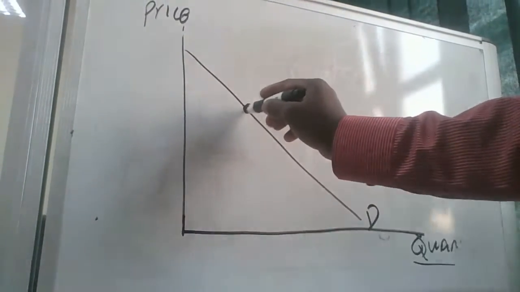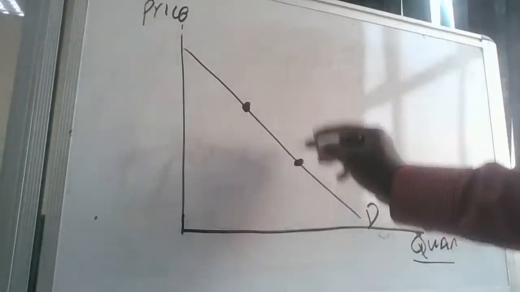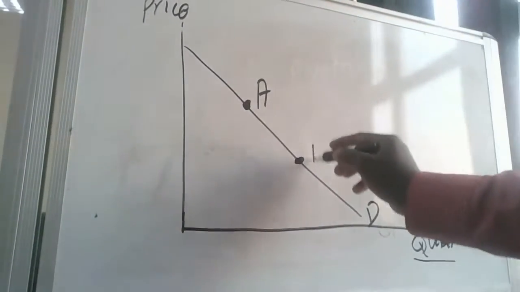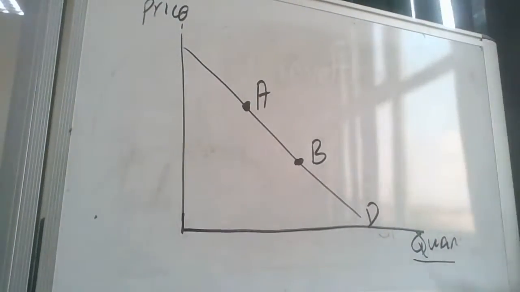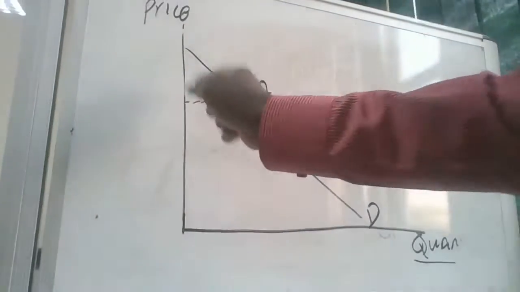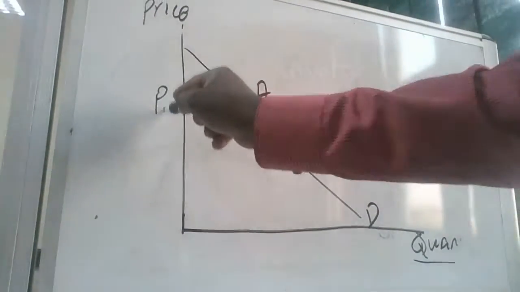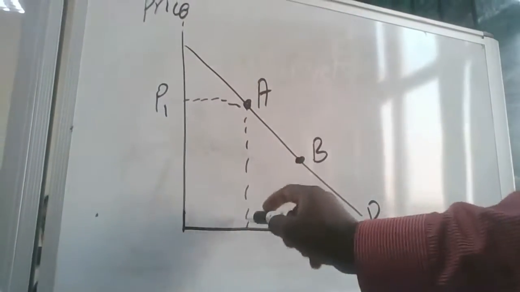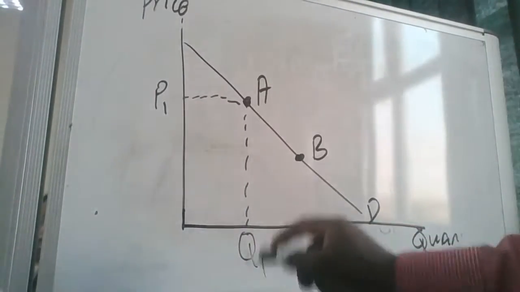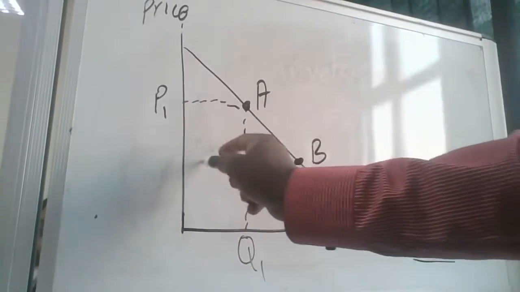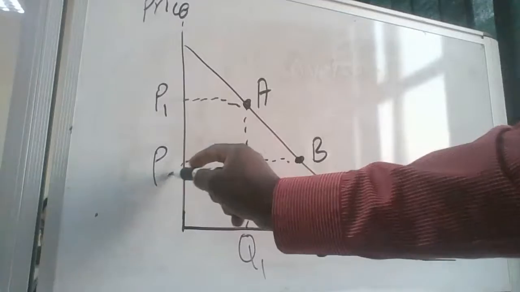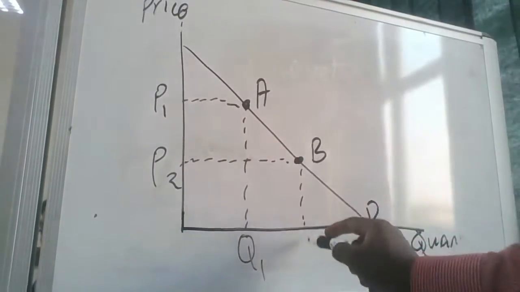I'm going to pick 2 points here, A and B. And associated with A, let's call this P1 and Q1. Associated with B is P2 and Q2.